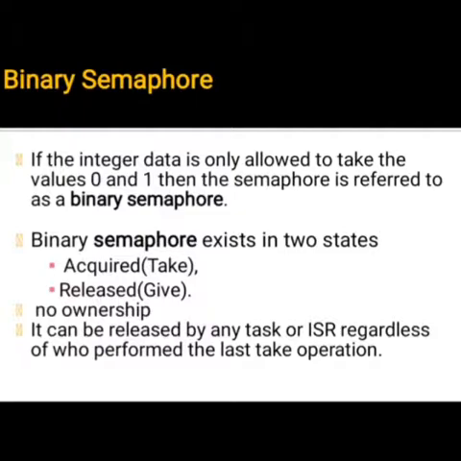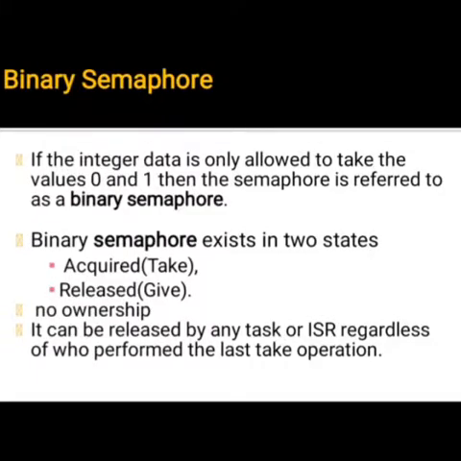If the value of semaphore is 0 and a process wants to access the resource, it performs a wait operation and blocks itself till the current process utilizing the resource releases the resource. Binary semaphore is used when there is only one shared resource.